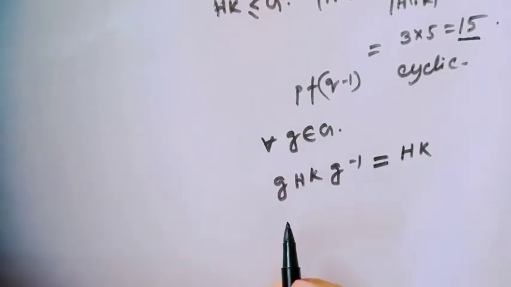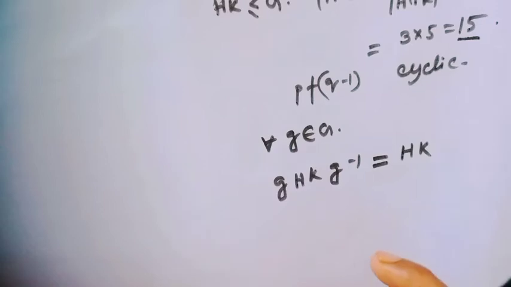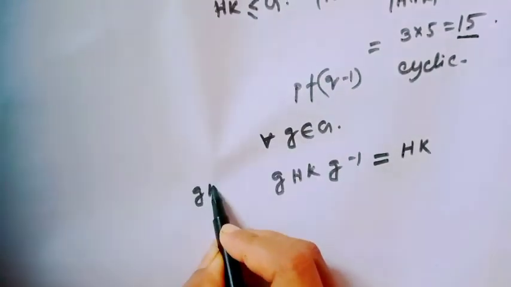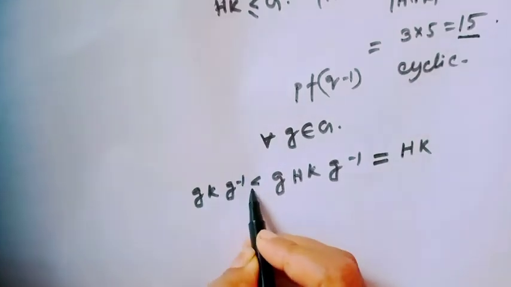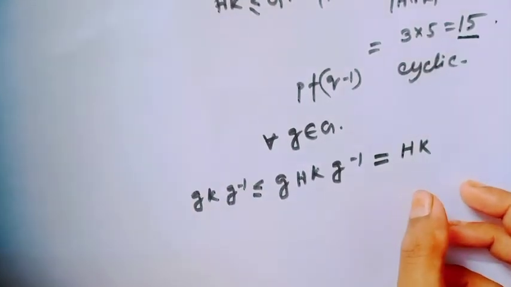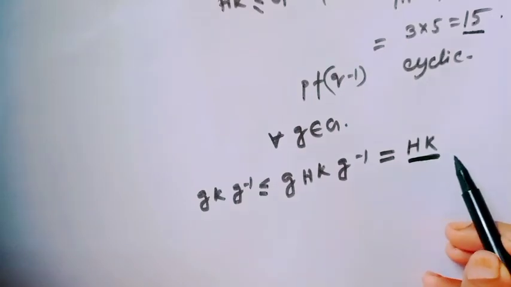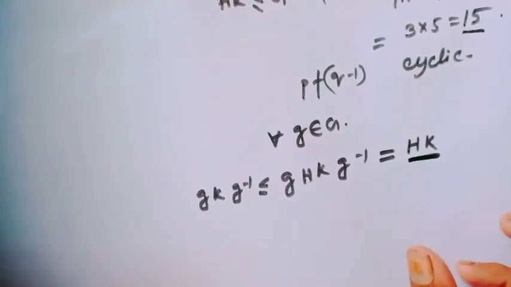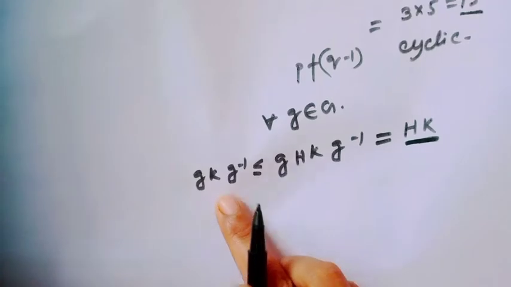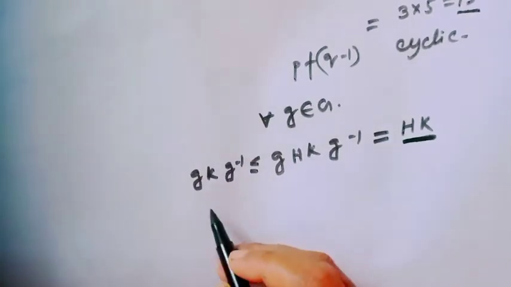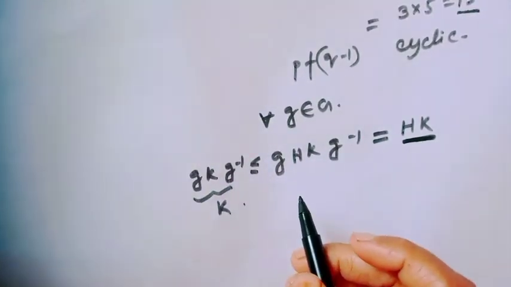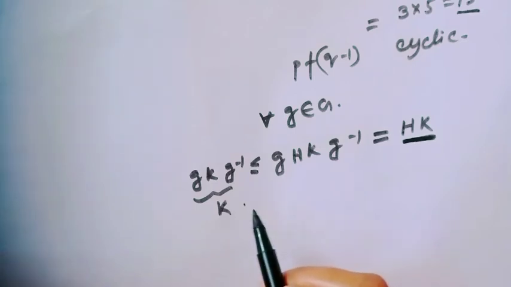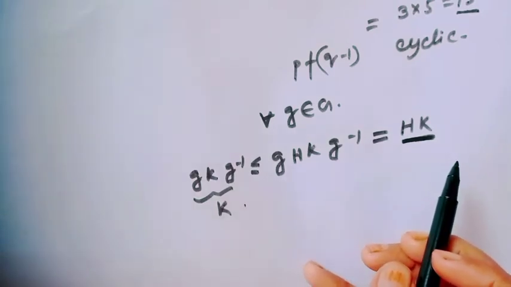And K is contained in the subgroup SK. So all conjugates of K, that means gKg inverse, will be contained in the subgroup SK. And since the subgroup SK is cyclic, and all of us know any subgroup of a cyclic group is normal, all conjugates of K would be only K. Okay? And K is contained in SK.